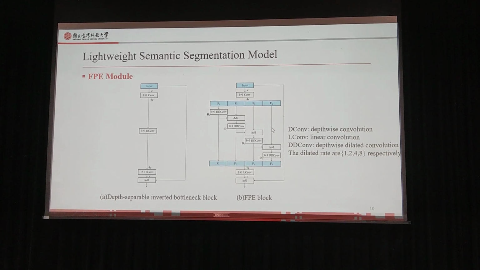It replaces the 3x3 deconvolution with 4 subsets of 3x3 deconvolution, which have dilation rates of 1, 2, 4, and 8 respectively.